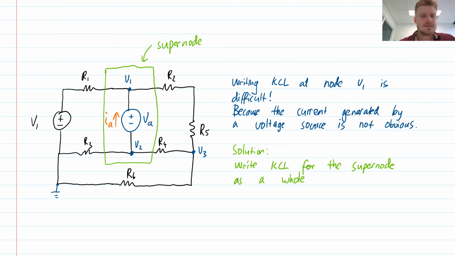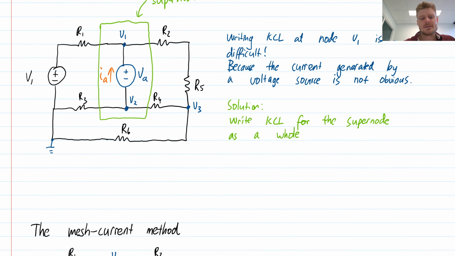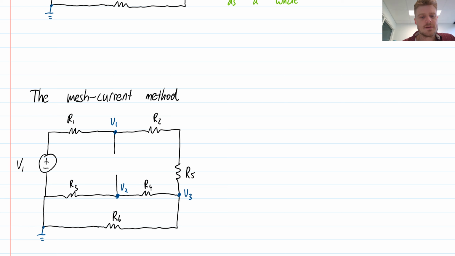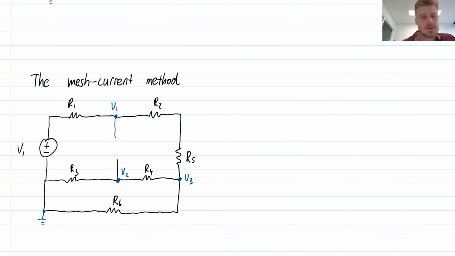So that was the situation for nodal analysis, or the node voltage method as it's also called. So let's now consider the mesh current method using this same approach. To remind ourselves, the mesh current method uses Kirchhoff's voltage law, uses KVL.